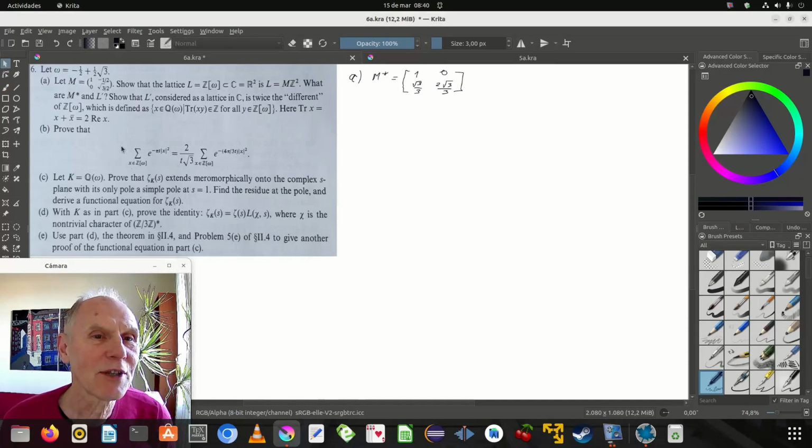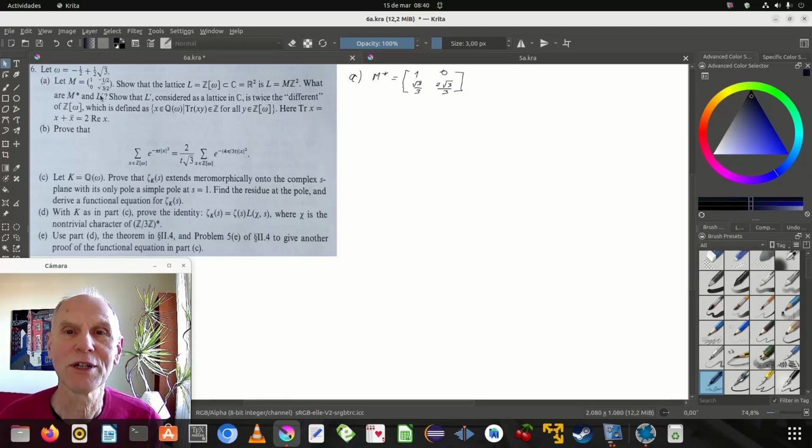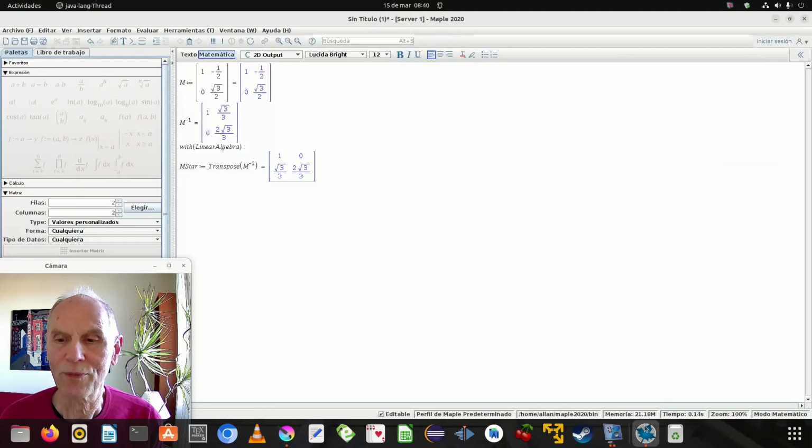Now we get into the next space, and there's a little preparation in A. I prepared it by, instead of doing these tedious calculations, which I may even do wrongly, I decided to do it in Maple.